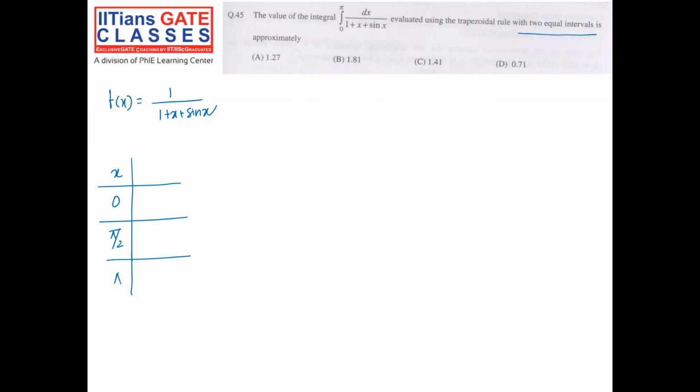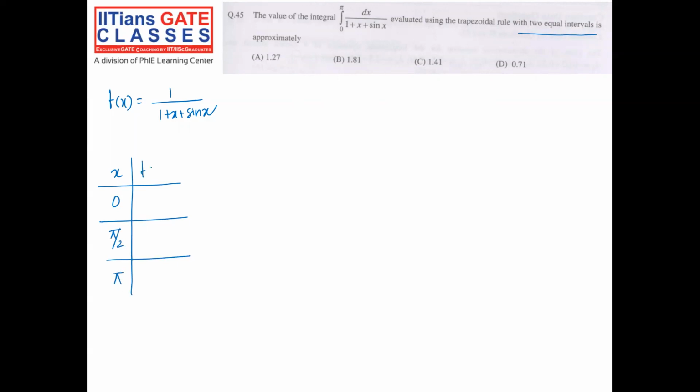So first of all, we have to figure out the function here. f of x is given as 1 upon 1 plus x plus sine of x. Now we have to create a table. They are asking us to create 2 equal intervals, and x is varying from 0 to pi. So the 2 equal intervals would be 0, pi by 2, and pi.